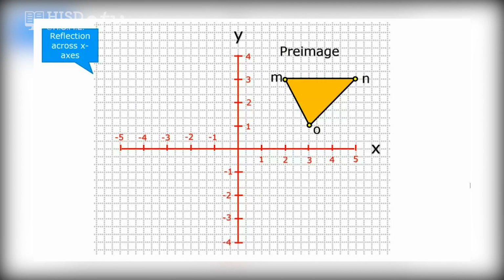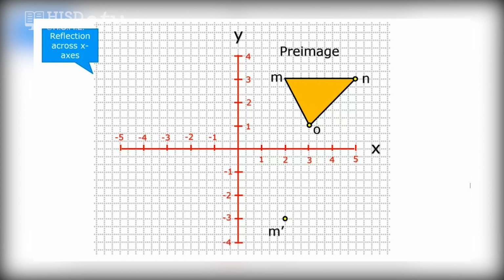So remember, the only thing that we have to do is make our vertices our points, and then we're just going to move the points, and we have to make sure that they are the same distance from the line of reflection. So in this case, M is 3 units on top of the x-axis. So now it's going to be 3 units below the x-axis. That's going to be the new reflection for point M.